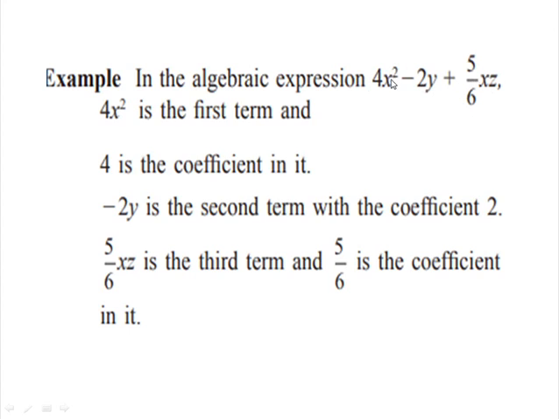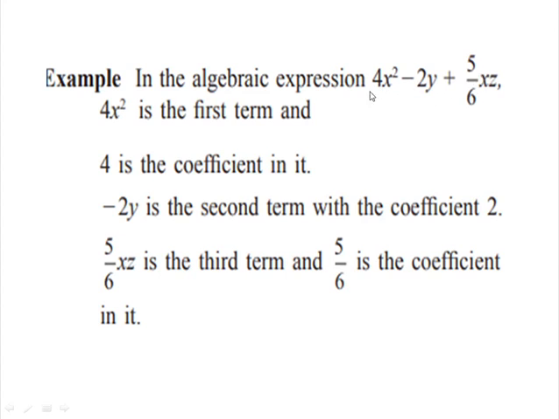Because in 4x square, multiplication is the only operation. In negative 2y, again multiplication is the only operation. And in the third term, 5 upon 6xz, multiplication is the only operation. But these signs or symbols, plus and minus, separate the terms.